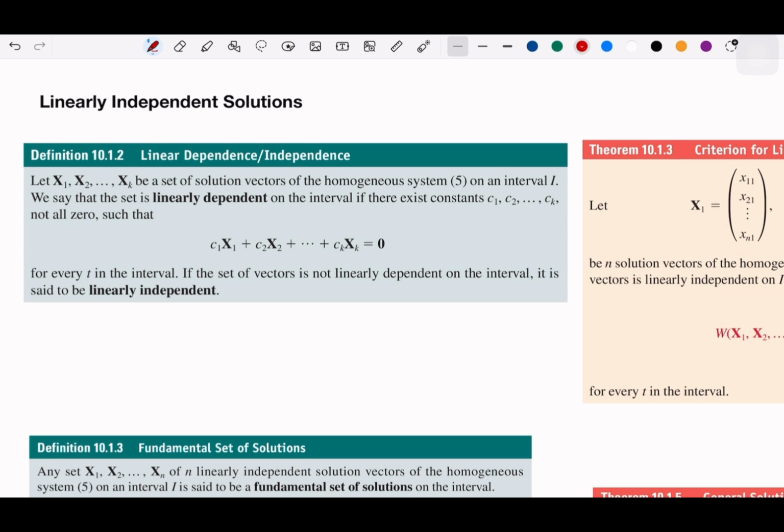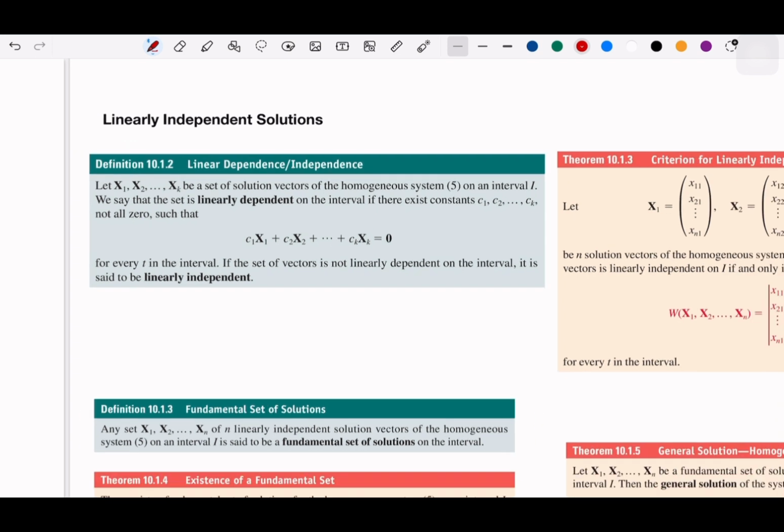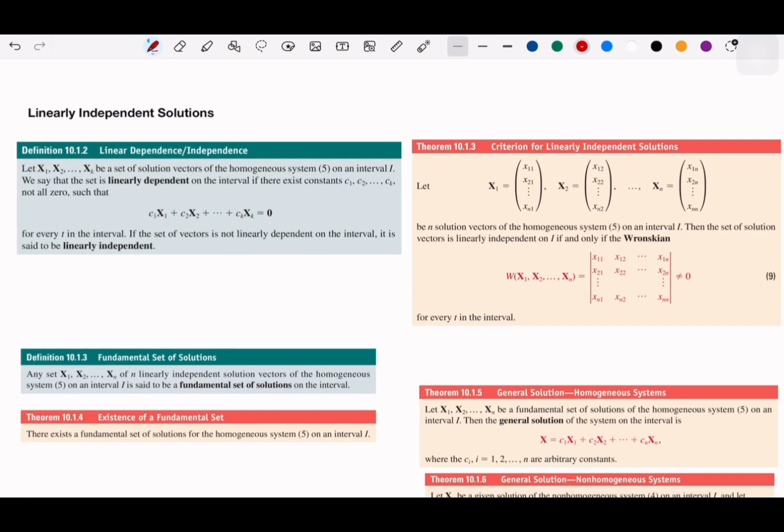And the idea of independent or dependent can be settled immediately through our Wronskian. Let me zoom out. I hope you still remember the Wronskian. Basically, for a set of solution vectors, they are linearly independent if the Wronskian is not 0.